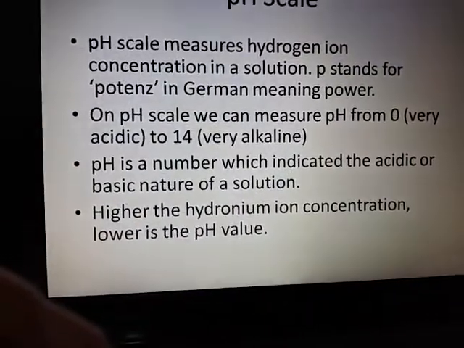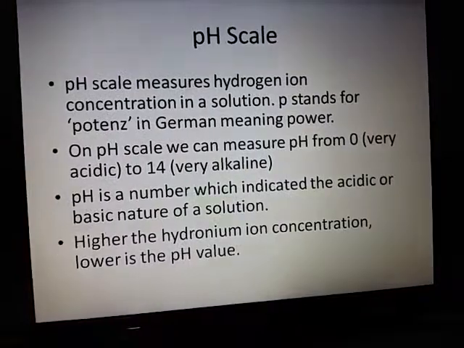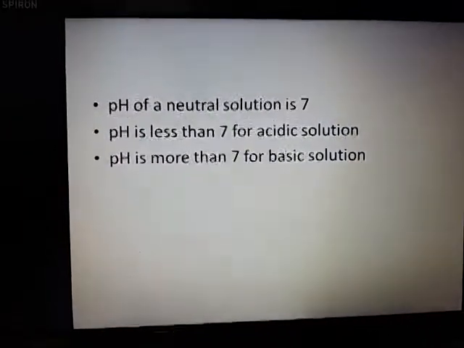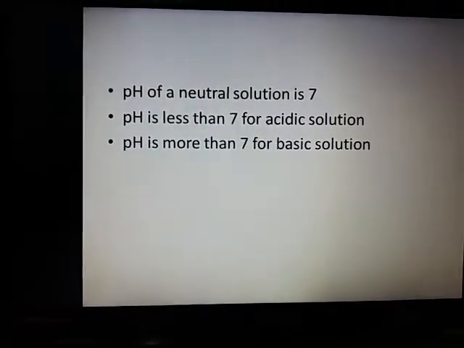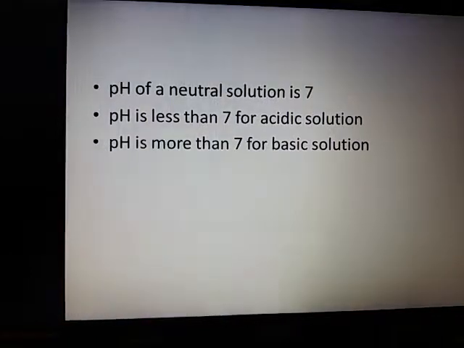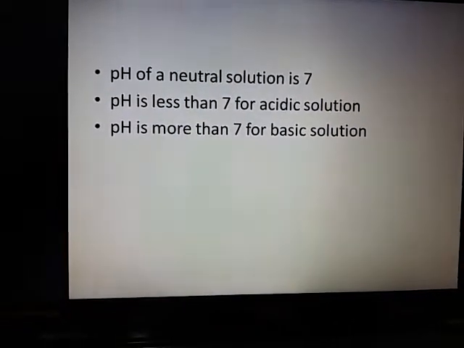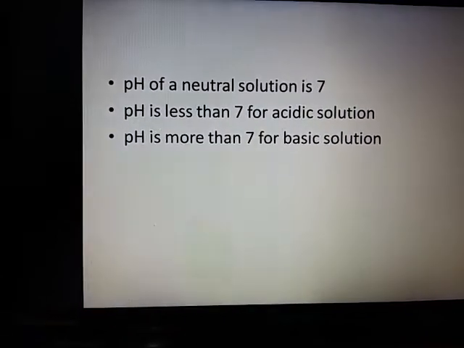So therefore a low value means highly acidic. Okay, so here the pH of a neutral solution is 7, and pH less than 7 means acidic solution, and more than 7 is basic solution.